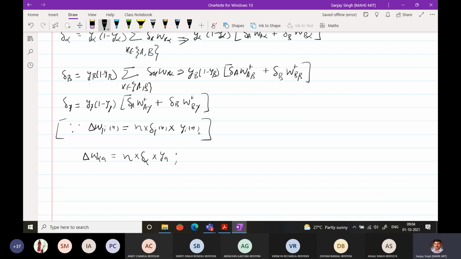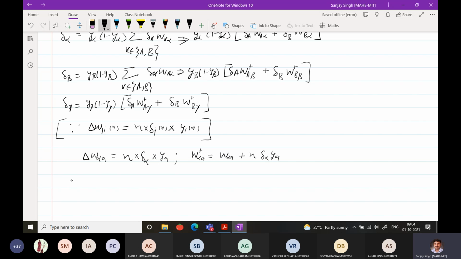Now once you have this, I can say W plus alpha A equal to W alpha A plus, same way, eta delta alpha Ya. So delta alpha you have already calculated here. Ya you have already calculated using the forward pass only.